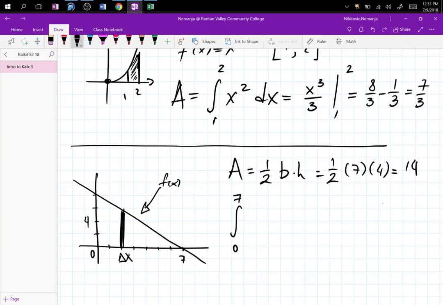We know the function for that line because this location is 4 and this location is 7. It's a line that falls to the right, so the slope is negative. Rise over run, that's negative 4 over 7, so negative 4/7 x plus 4 dx. And that's why. It's obvious.